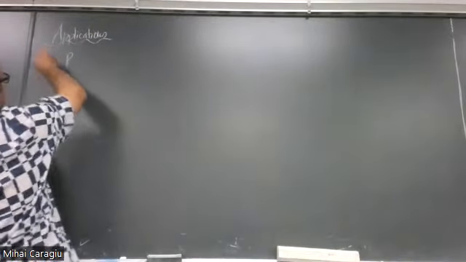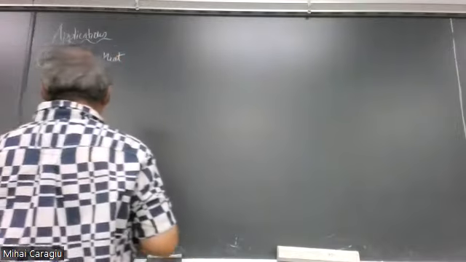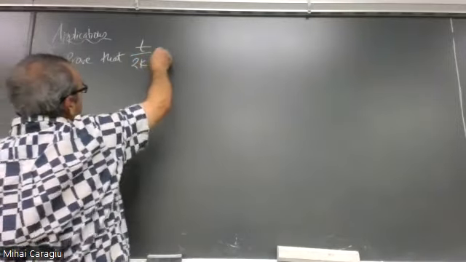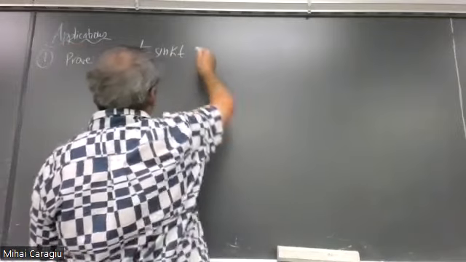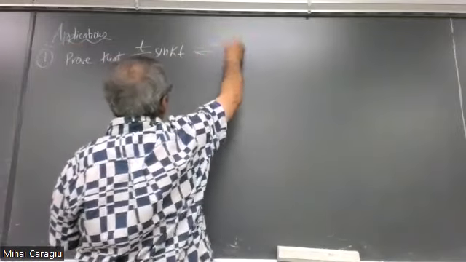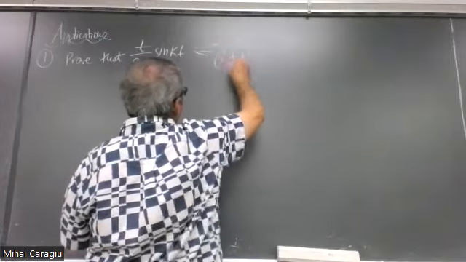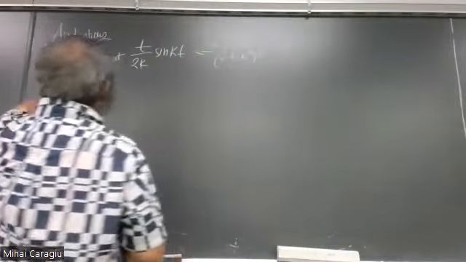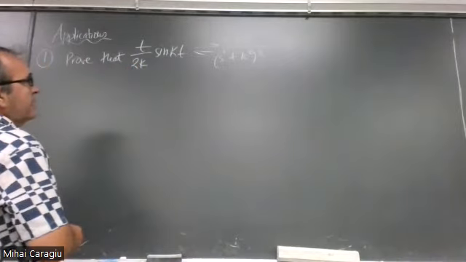Exercise 1: prove that t over 2k sine kt transforms into s over s squared plus k squared, squared. How to do this? That's what we want to prove here.